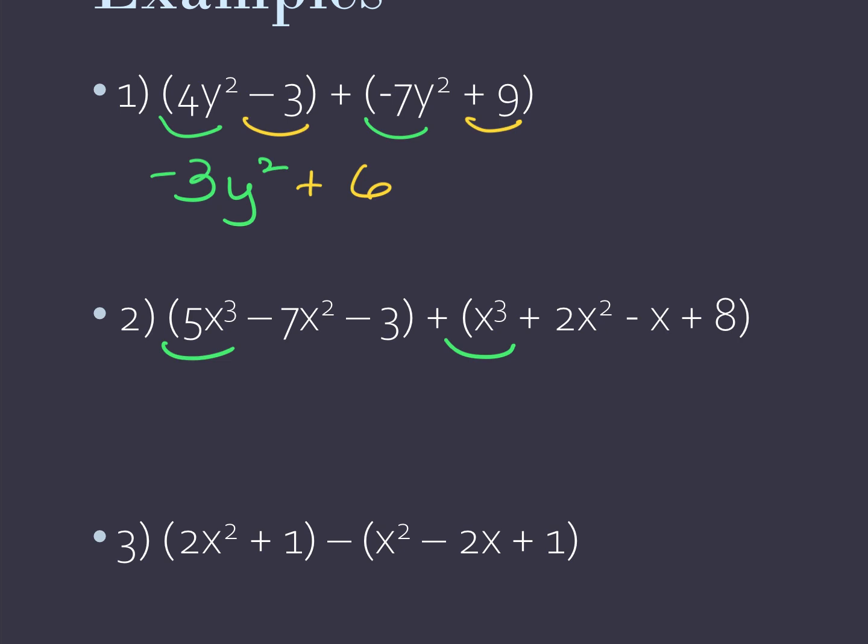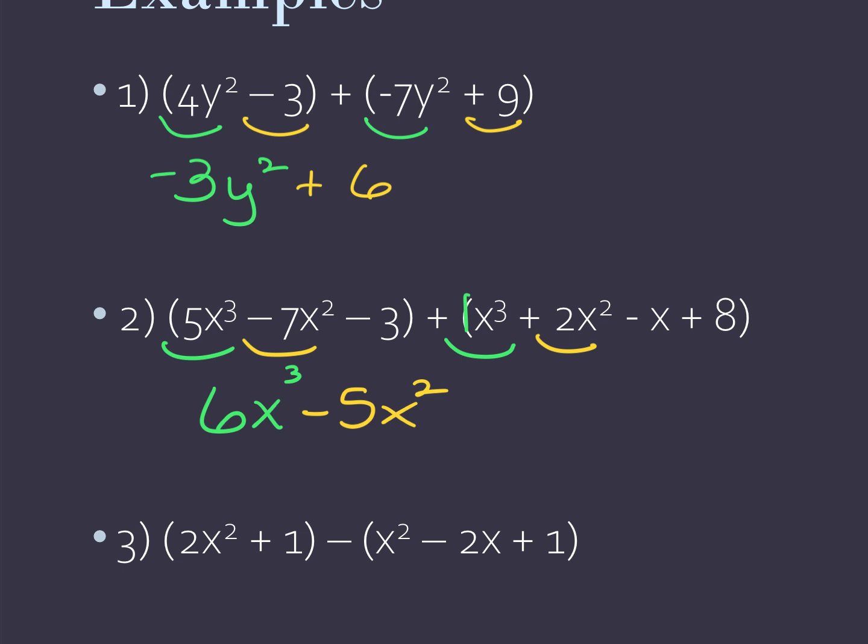When you do not have a coefficient, you assume it's got a 1. So what I'm going to add here is 5x to the third plus 1x to the third, which gives me 6x to the third. Next, I'm going to look for my next term, and I have a negative 7x squared that I'm going to add to positive 2x squared, which gives me negative 5x squared.